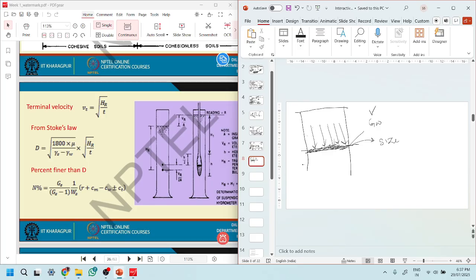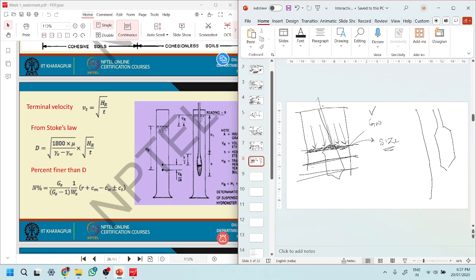So at every level you will have particles that have the same diameter. So this is the concept that we try to take advantage of. Then we take a hydrometer.